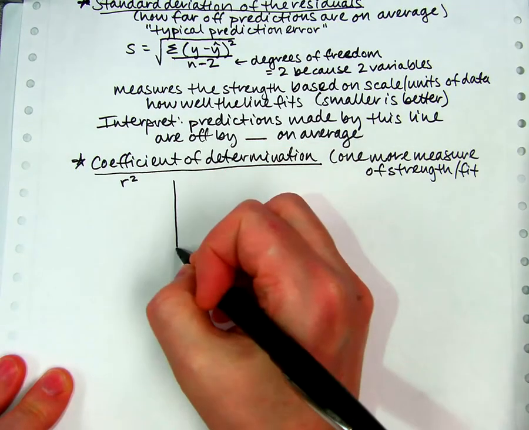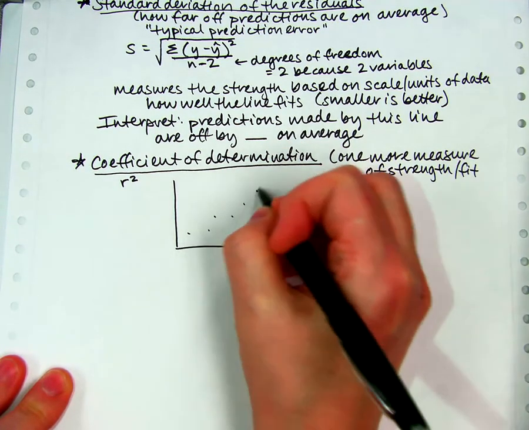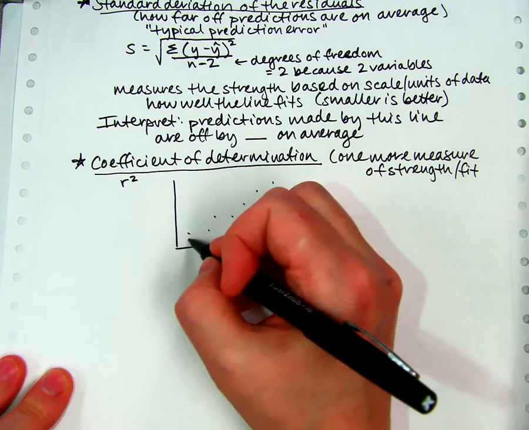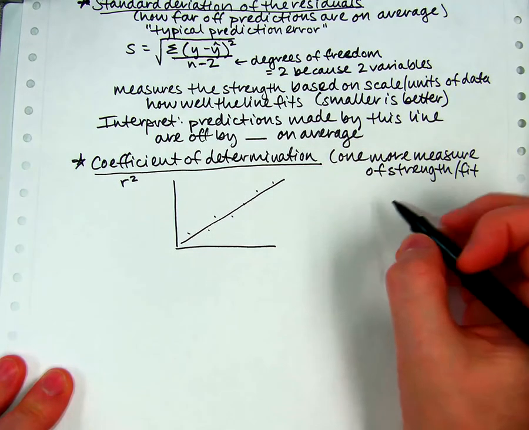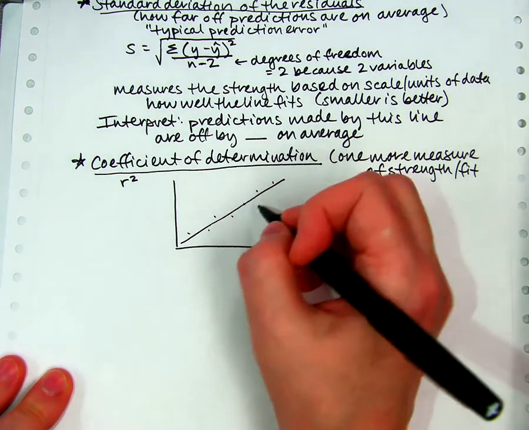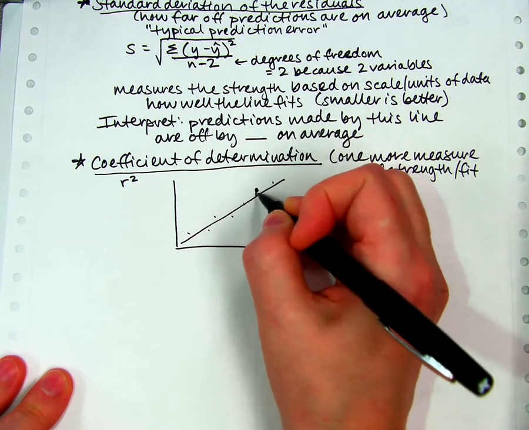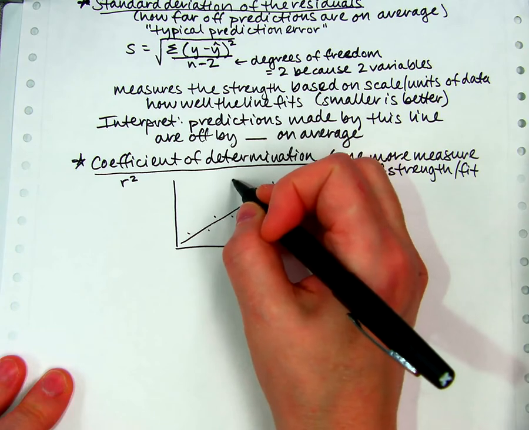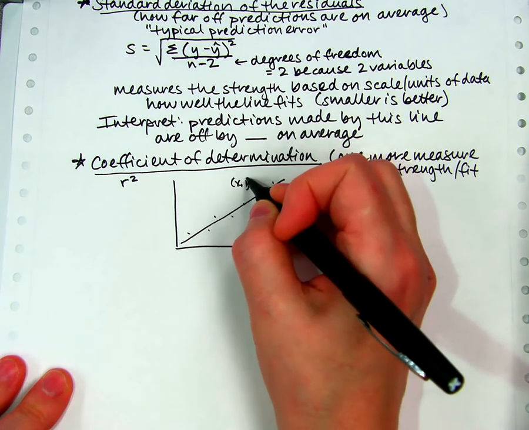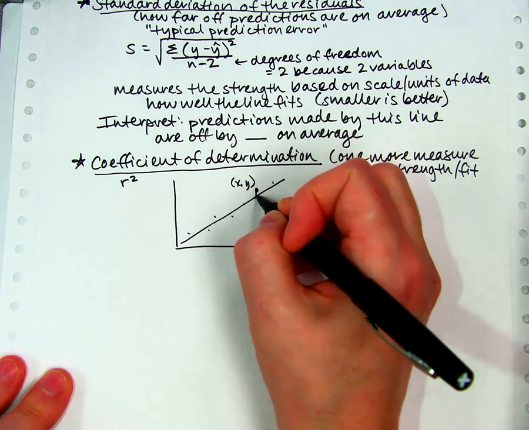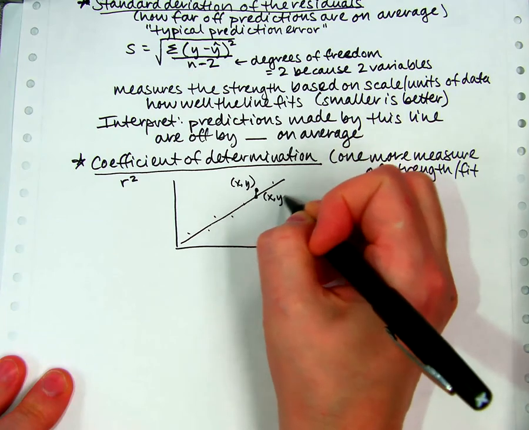So let's draw one more scatter plot. I'm sticking with a positive trend. Draw me a line. Let's pick a point that is a little bit above the line, like that one right there. And remember, we have X and Y without the hat, and then we have X and Y with the hat.